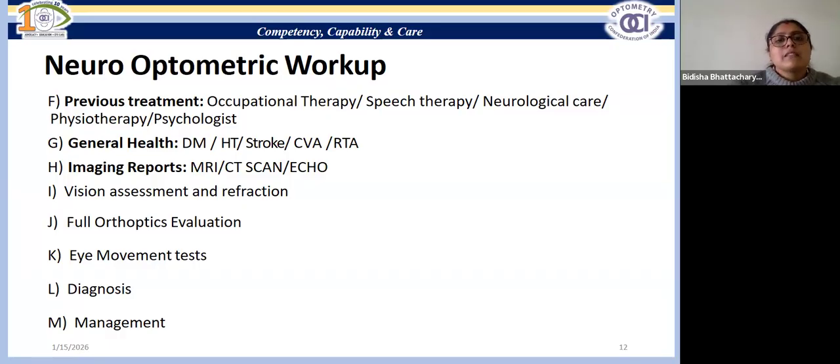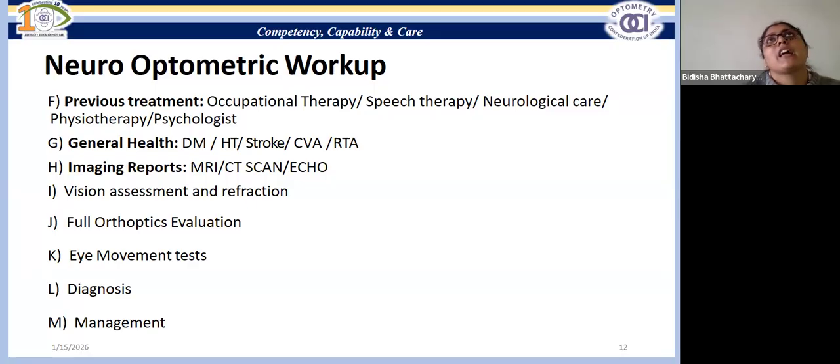After the post-exercise, you can check further things that will enhance their saccades and pursuits as well. And the next point I want to highlight is the eye movement test, because saccades and pursuits are the first primary thing that can have issues due to injuries. Basically, more adults have acquired brain injury as compared to children.